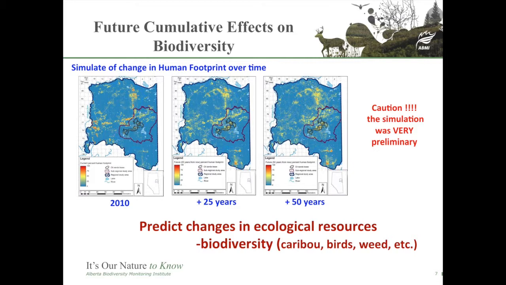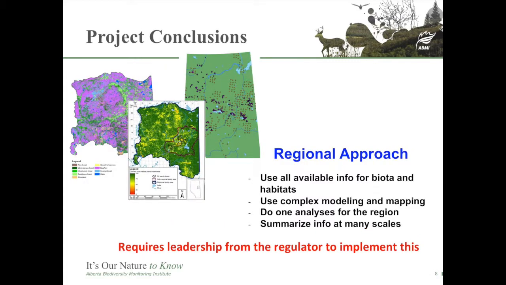If we did that, we should then be able to talk about the predicted effect on these key indicators 25 and 50 years in the future. Intellectually it's easy to understand, it's a bit of work, but it was quite possible to do. And we went through and predicted these changes as part of the pilot project. We predicted the changes for each of those 6 or 7 different indicator species.